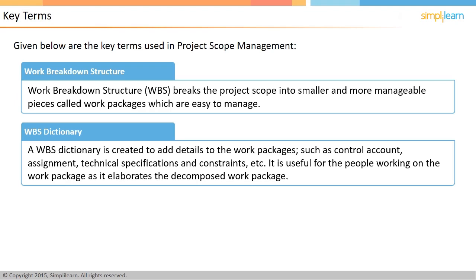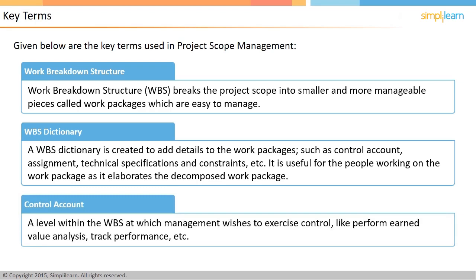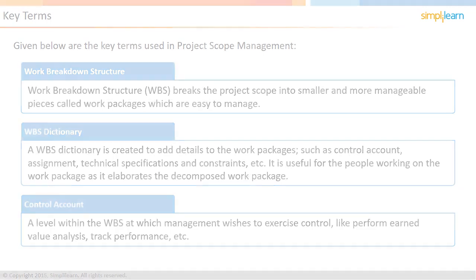WBS Dictionary is useful for the person or group working on the work packages as it further elaborates the decomposed work package. Control account is a level within WBS at which management wishes to exercise control. For example, perform earned value analysis, track performance, etc.